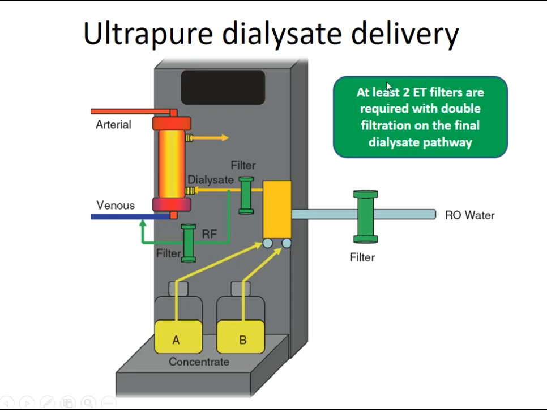So in case of hemodiafiltration, at least two endotoxin filters are needed to ensure that the dialysate has passed through both of them, to ensure a sterile fluid for substitution.